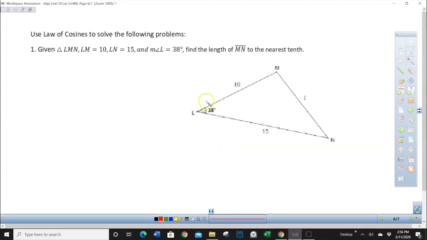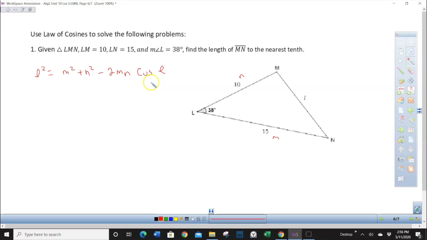So we have angle L and we have side l. That means we want l squared equals, and so this is side m, this is side n, so we're going to have m squared plus n squared minus 2mn cosine L. Okay, the letters don't really matter.